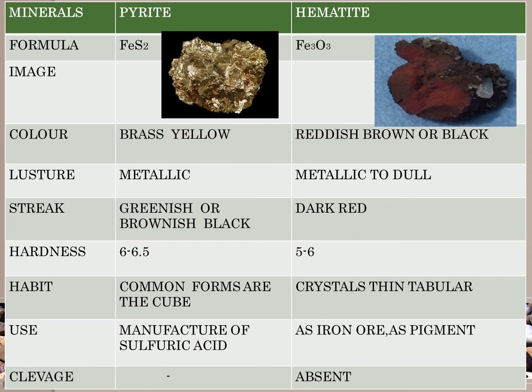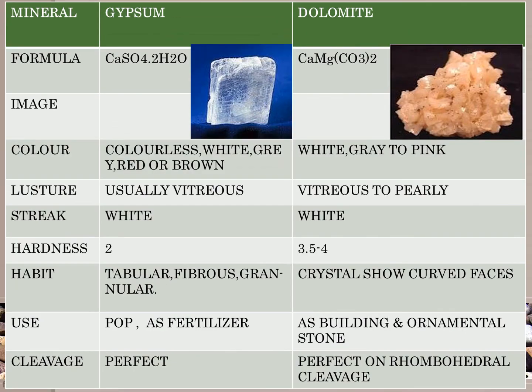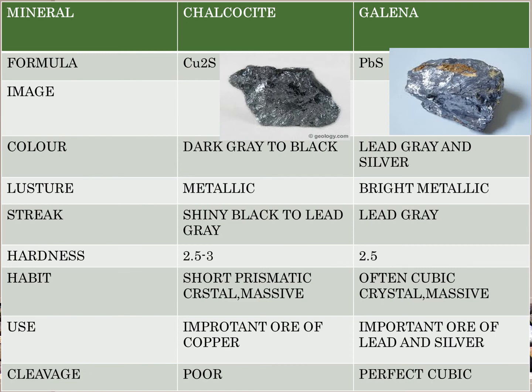And its habit, common forms are cube, and manufacture of sulfuric acid as iron or as pigment ng ating hematite. And cleavage is present in pyrite and absent in hematite. And difference po niya ay different. So these are now the examples of the difference po ng different rocks natin.